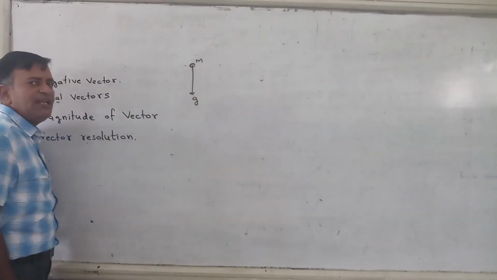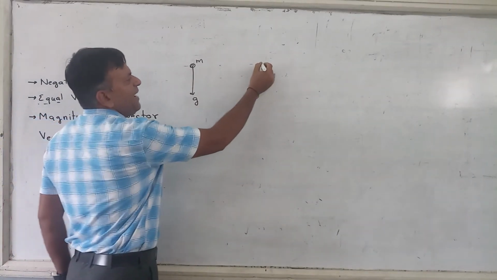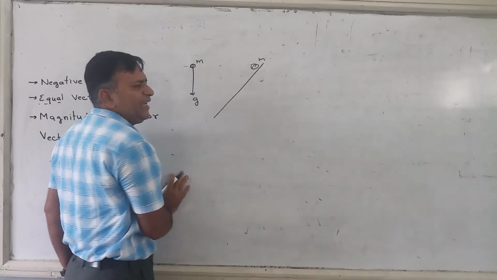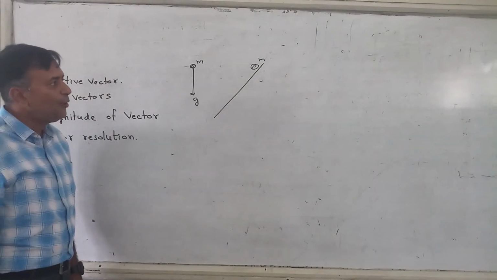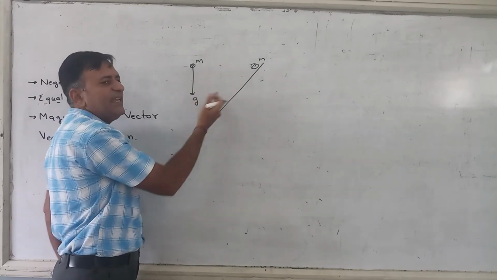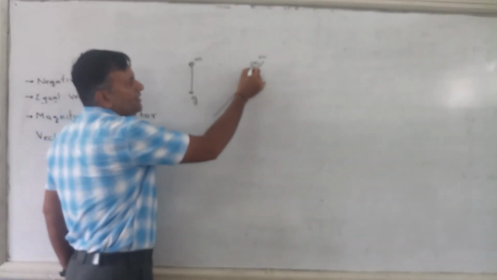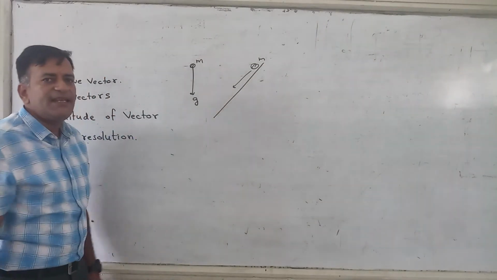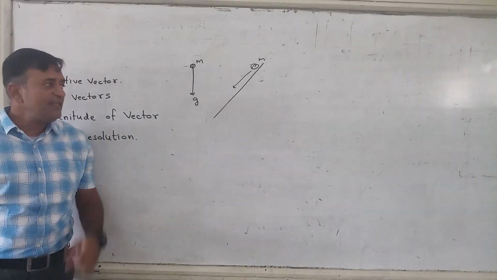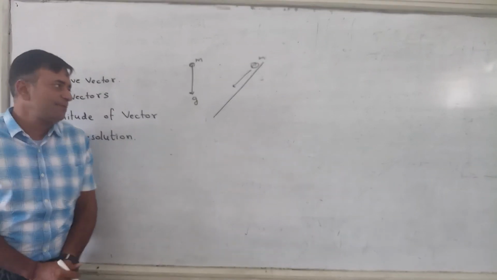But if I have the same mass sliding over a plane, a frictionless plane, which does not affect the motion except making it oblique, then when this goes down, what will be its acceleration? Will it be more than g, less than g, or equal to g? Let us try to find out.